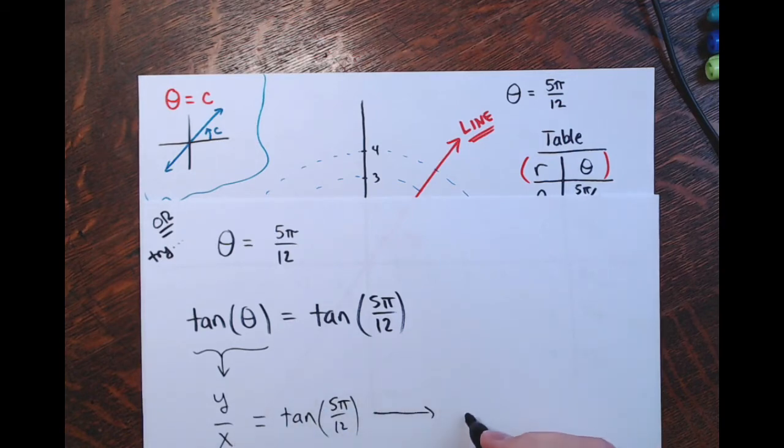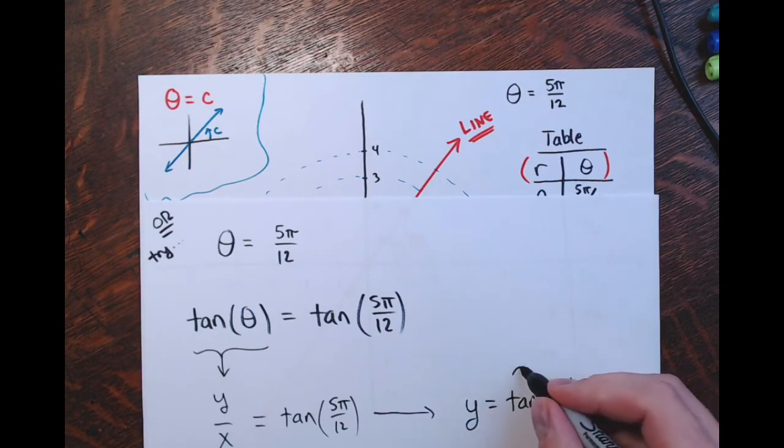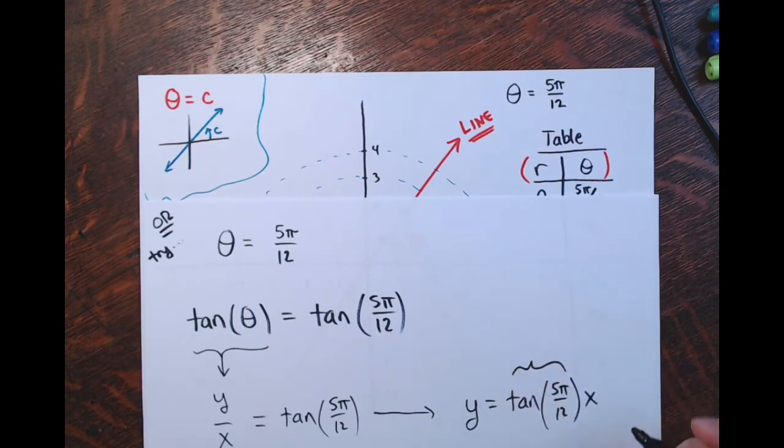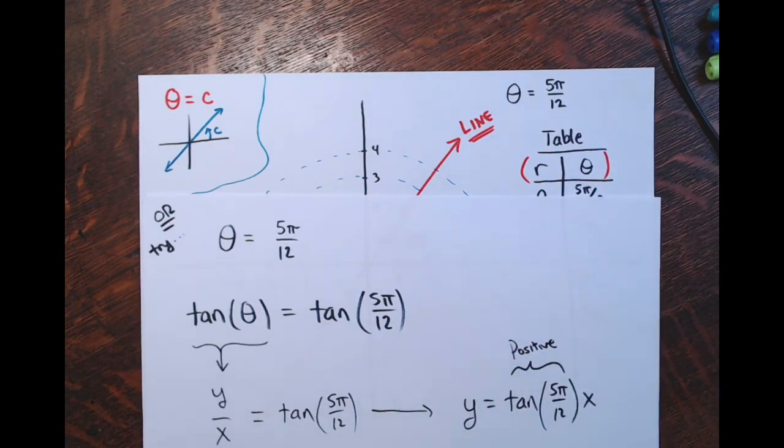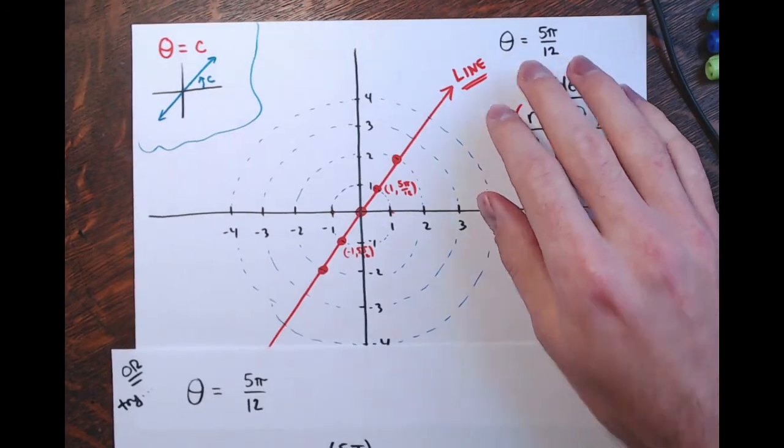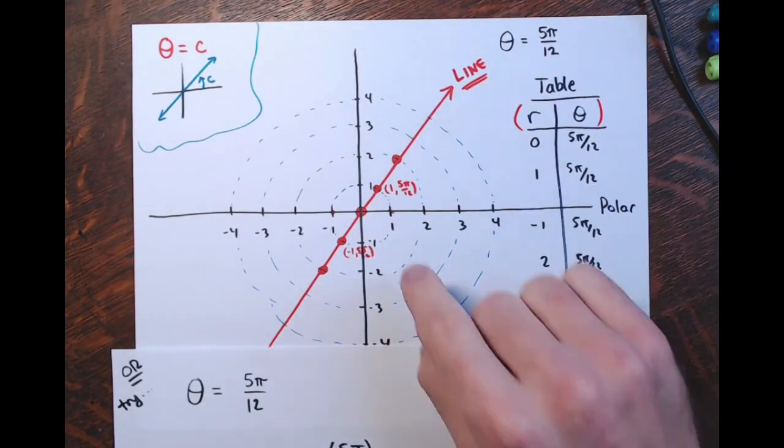Solving for y, we get y equals the tangent of 5π/12 times x. Because 5π/12 is only 75 degrees, this is some positive number. So y equals some positive number times x. This is the equation of a line with this slope, the slope being the tangent of 5π/12, whatever that is. It's a line with a positive slope going through the origin, which is exactly what I'm seeing in my graph up here.